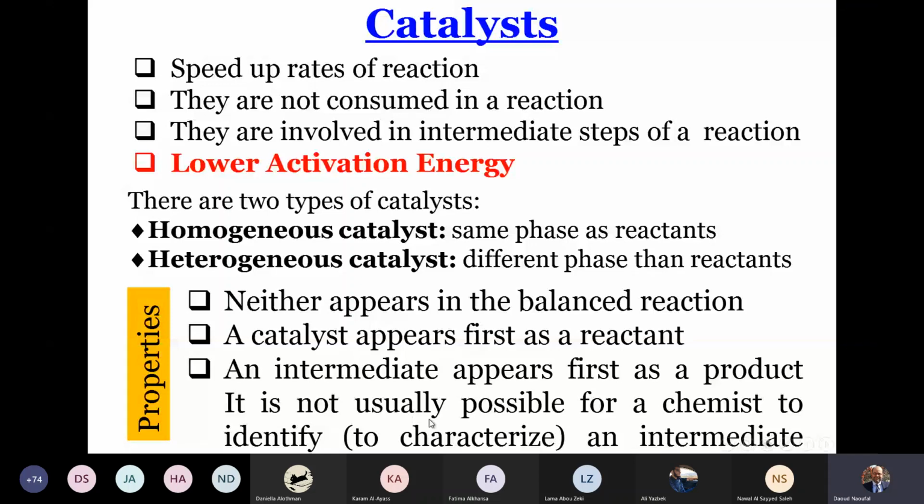So it's not usually possible for a chemist to identify or to characterize an intermediate. For this reason, when we use a catalyst, we have a certain pathway in the reaction. We have a certain mechanism.